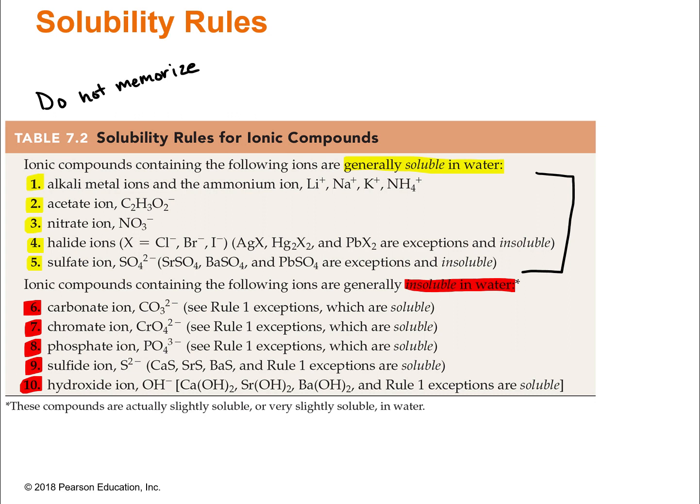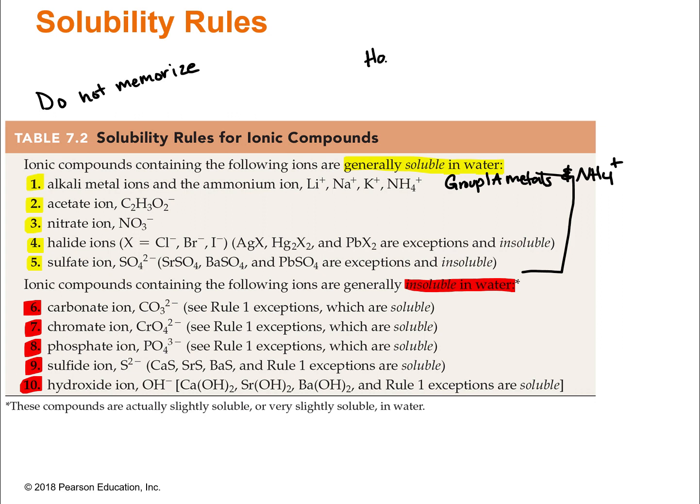Alkali metals, so that first group 1 metals, and things that have the ammonium ion, NH4+. Any compound that you see with group 1A metals or NH4+ is probably going to be soluble in water. Likewise, if it has acetate, nitrate, halides, or sulfate, it's going to be soluble.